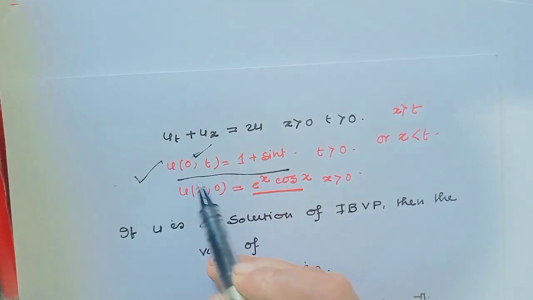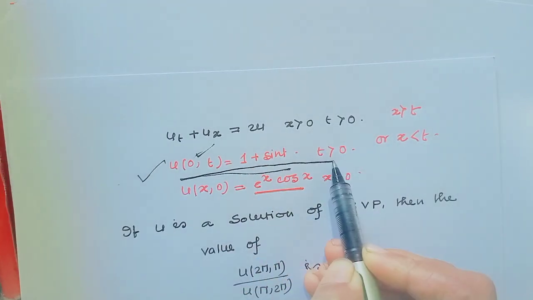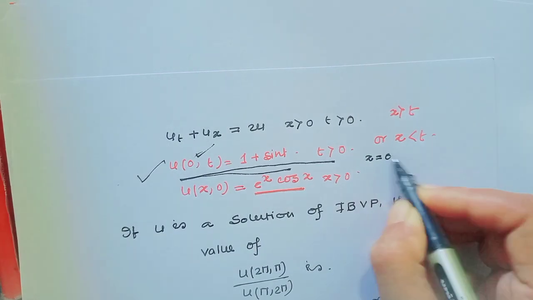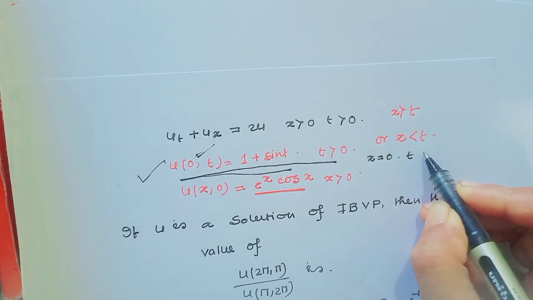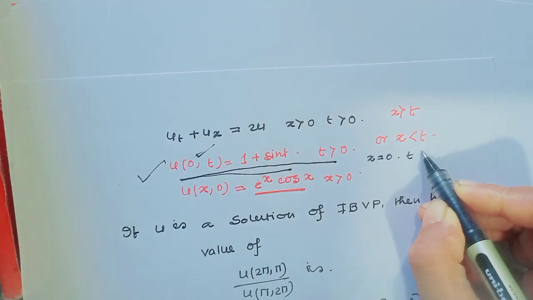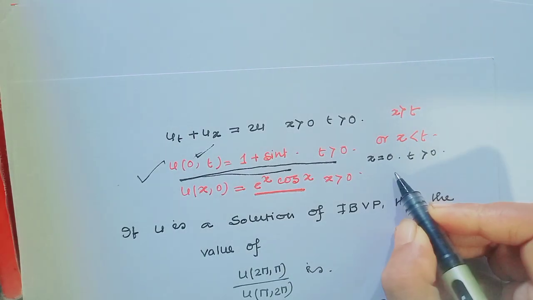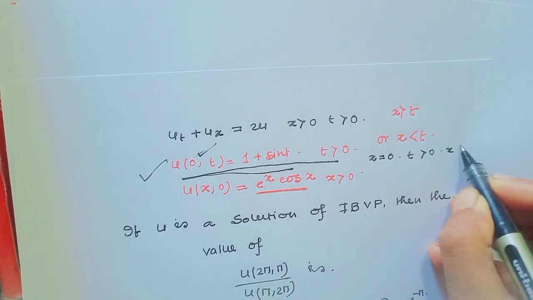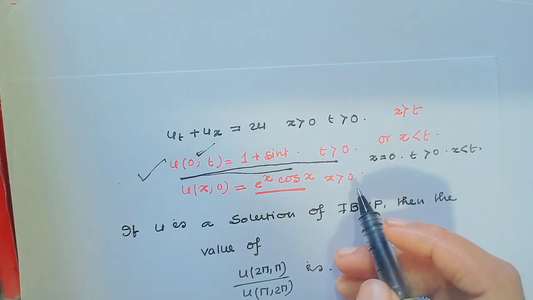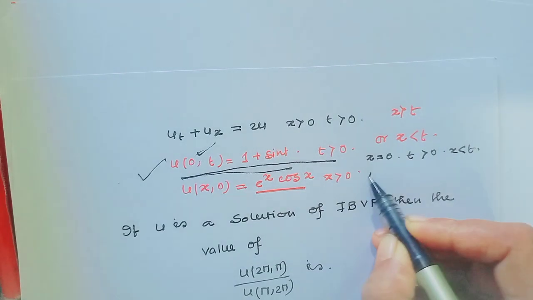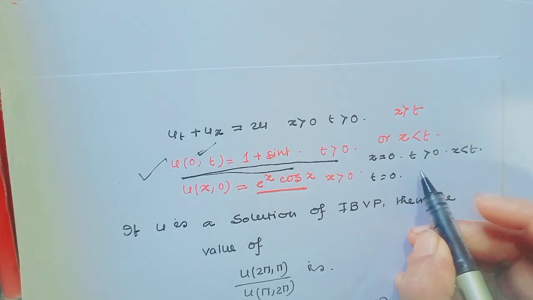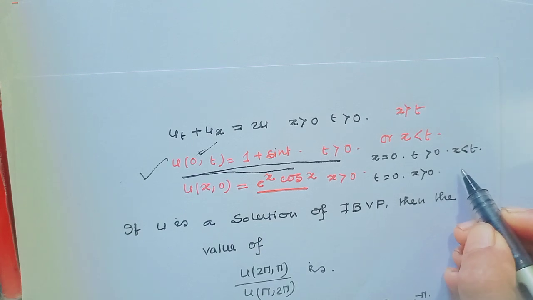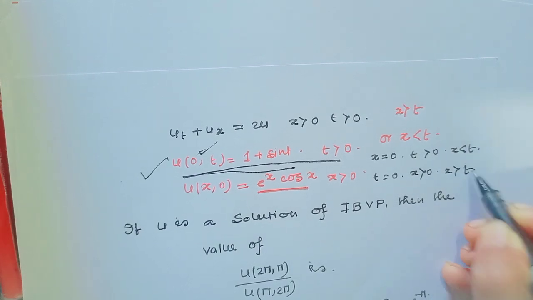For this case, x equal to 0 and t greater than 0, that means for this condition it would be x less than t. And for this condition t equal to 0 and x greater than 0, that means x greater than t.